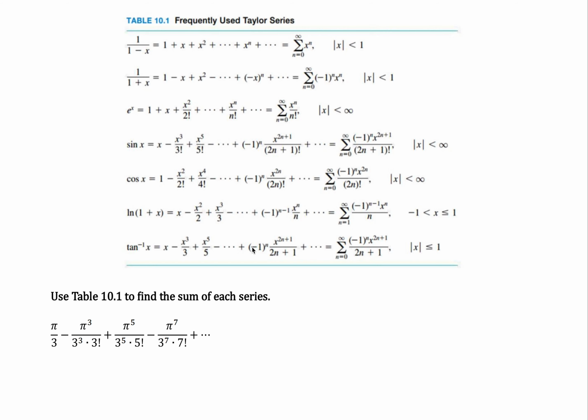So this is actually the sine function where x is going to be pi over 3. So this is equal to sine of pi over 3. And we can actually figure that out. Sine of pi over 3 is just the square root of 3 over 2.